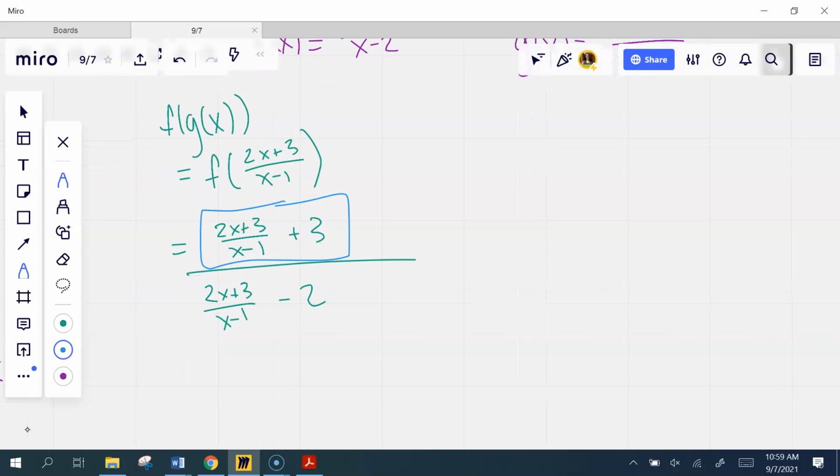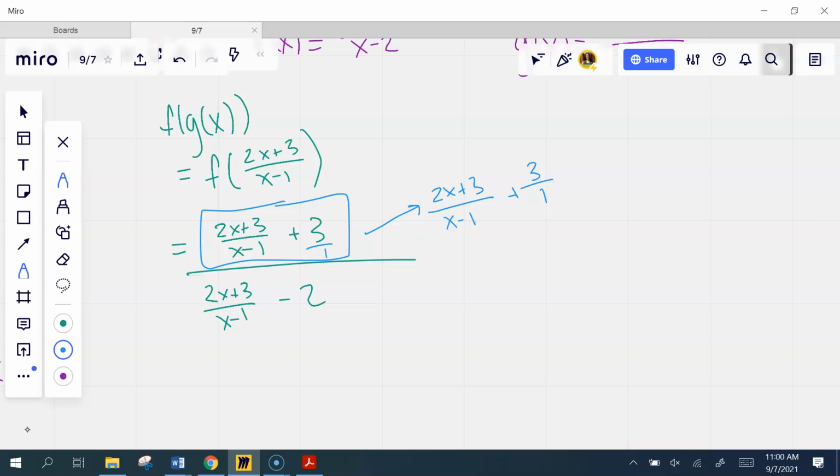Just this. I'm going to come out to the side and do this as a separate problem. Put this over 1. So I have 2x plus 3 over x minus 1, plus 3, and my goal is to get just one simplified fraction. How do I combine those? What do you have to do?